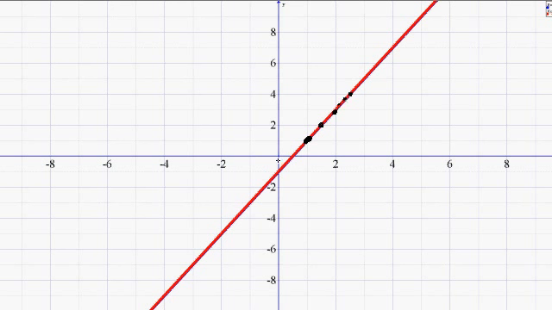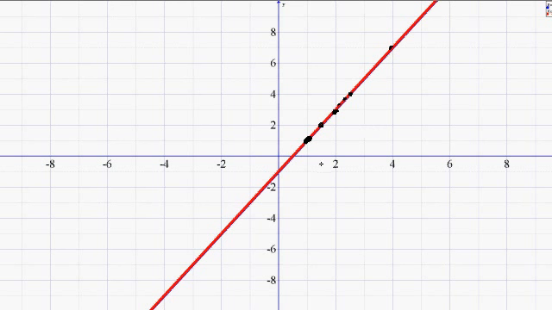So if I have an x value of 1, then it looks like from the graph my y value is also 1. And if I have an x value of 2, it looks like my y value is 3. If I have an x value of 4, it looks like my y value is 7.